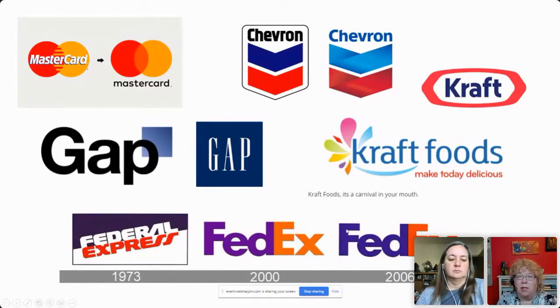But they started with FedEx, and it has been well received. And this FedEx on the right is the one we see all the time now. There's also discussion about this little spoon that's in the E. I could not find anything definitive on what it is. I think it's just the way the E is made.